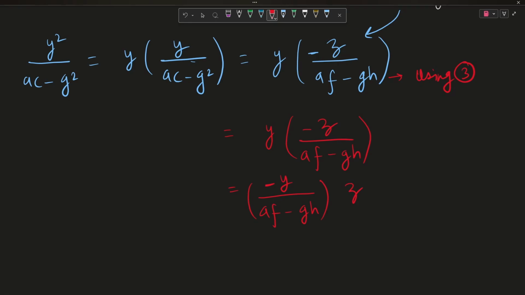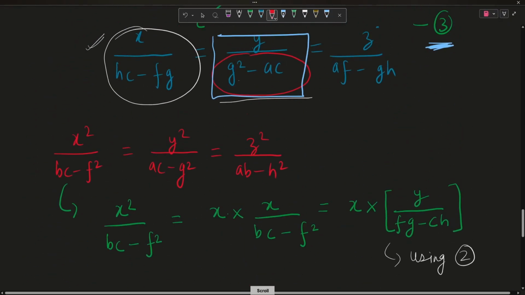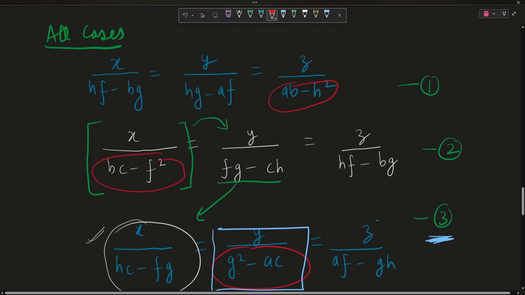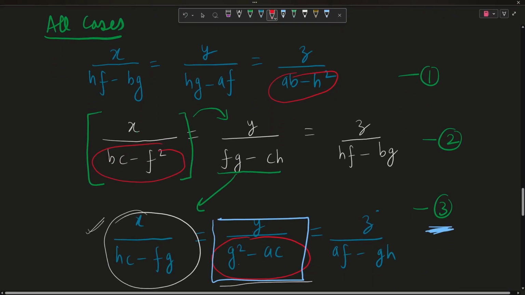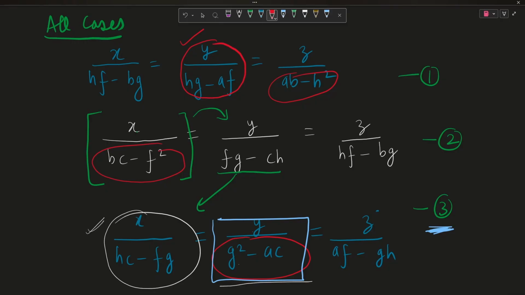What is the value of y upon af minus gh equal to? We'll get this value here: y upon hg minus af is equal to z upon ab minus h square.